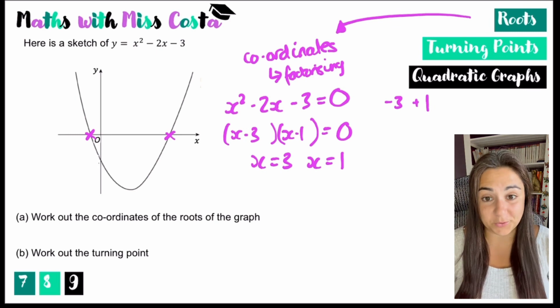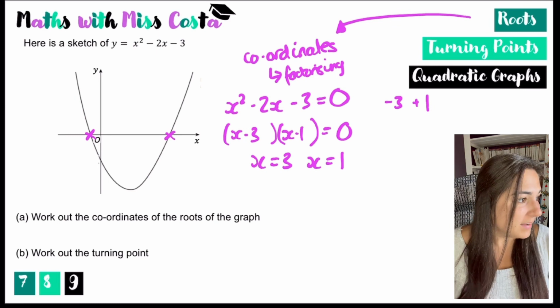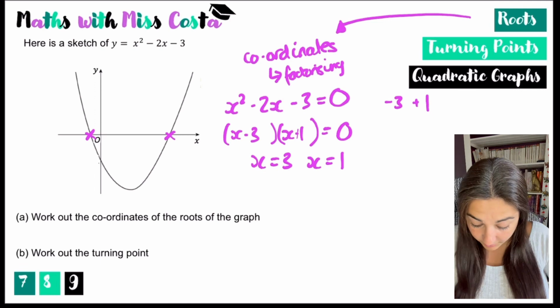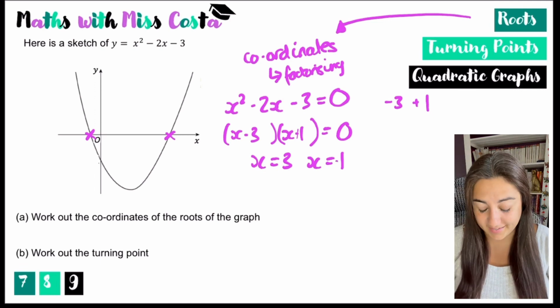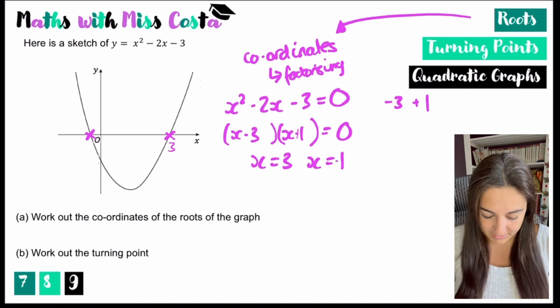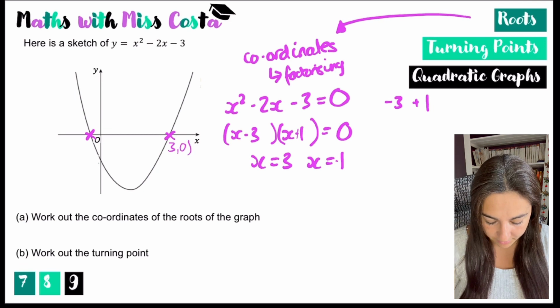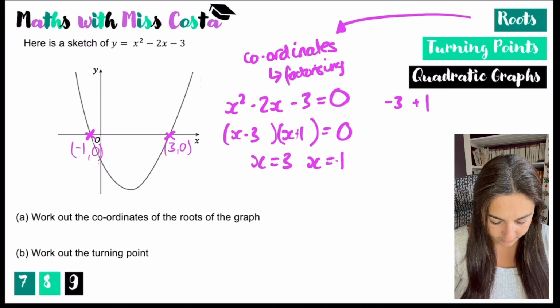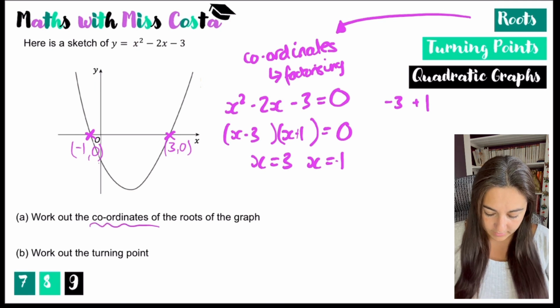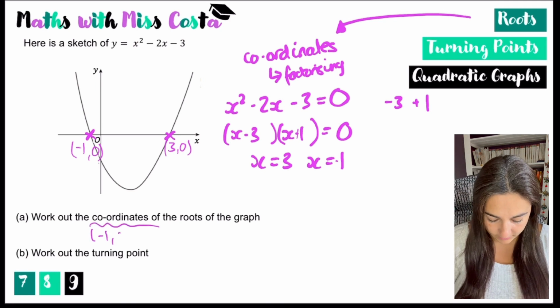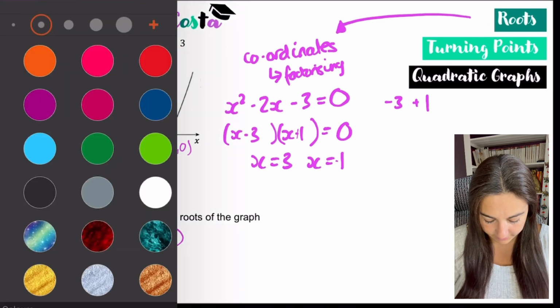Clearly this sketch is not drawn accurately. Oh no, wait, sorry, that's supposed to be +1. That's fine. So x would be -1. So your coordinates are 3, 0, and -1, 0. That's the coordinates of the roots of the graph: -1, 0, and 3, 0.